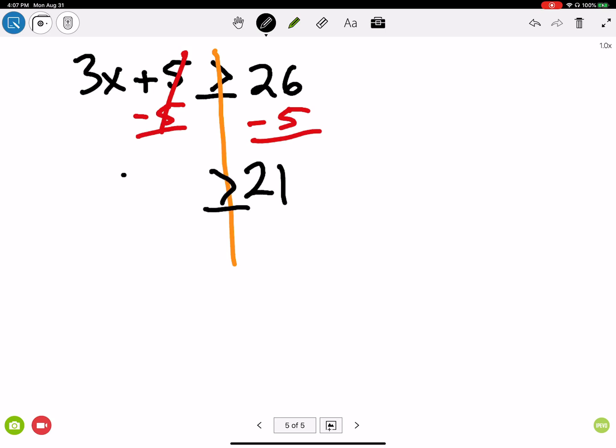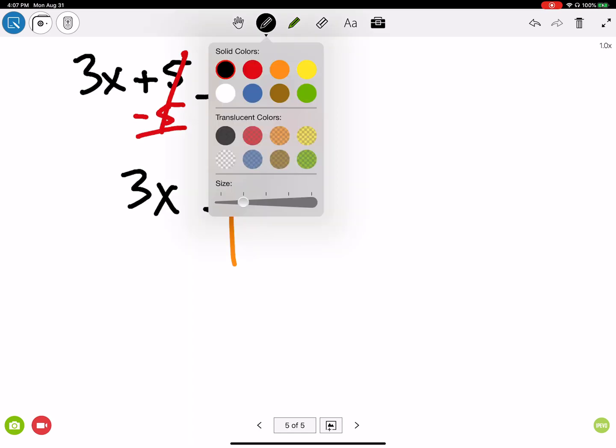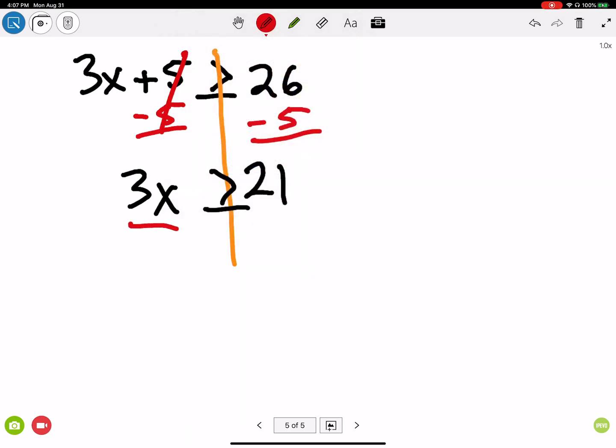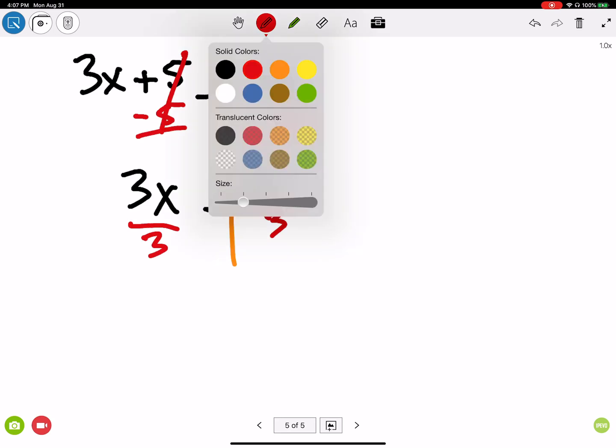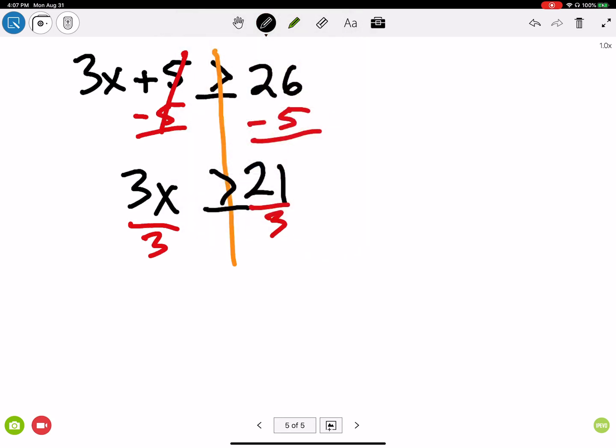And then I bring down the 3x, because I didn't touch it. Now, since it says 3x, that means 3 times x, and to undo multiplication, we need to do some division. Well, 3's cancel out, which just gives me x is greater than or equal to 21 divided by 3, which is 7.